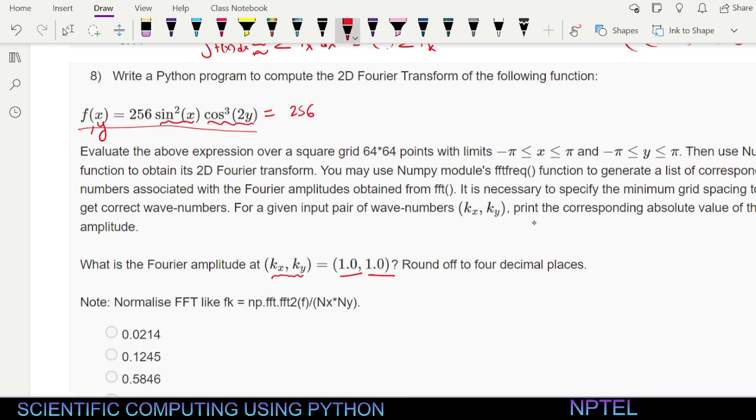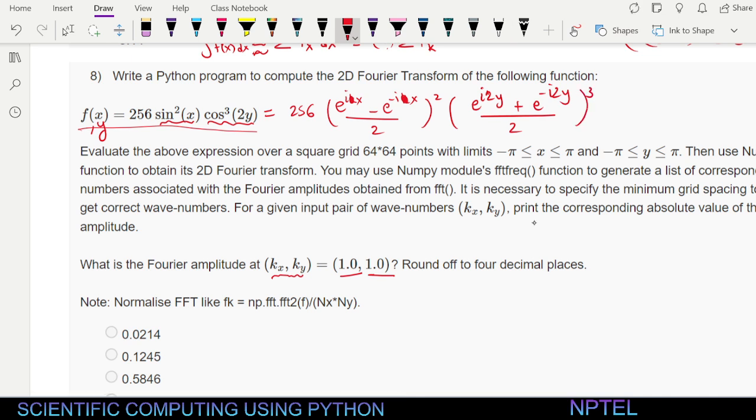So we know sin x is (e to the power i kx minus e to the power minus i kx) by 2, squared, and cos 2y is going to be (e to the power i 2y plus e to the power minus i 2y) divided by 2, and it's going to be cubed.